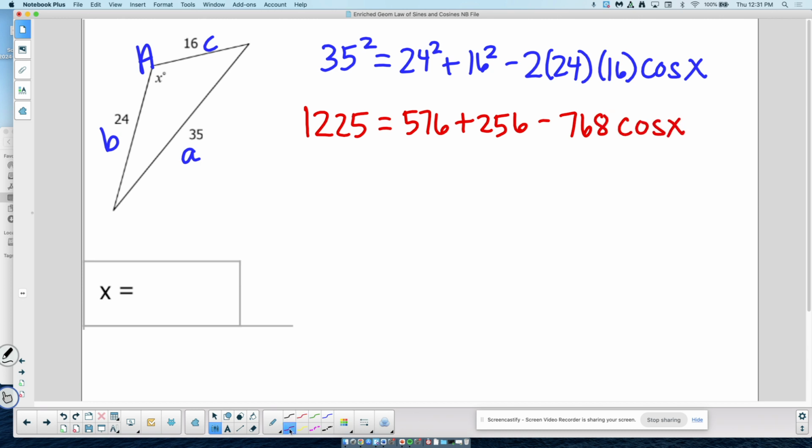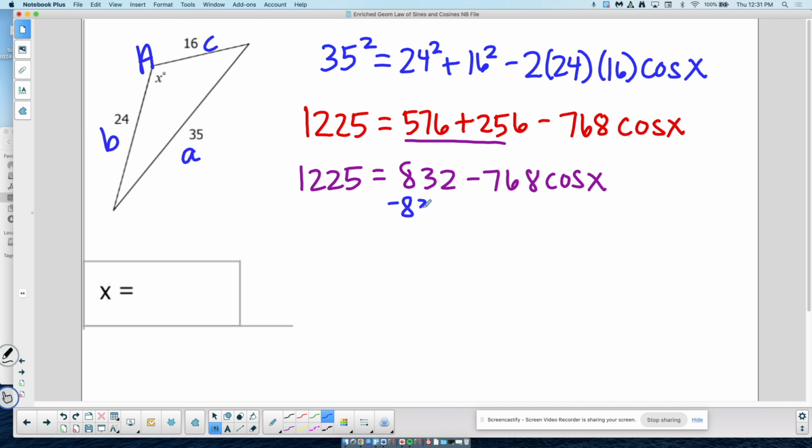Now we're simplifying, folks. 576 plus 256 is 832 minus 768 cosine of x. Again, we're trying to get our variable alone. We're isolating it, so we got to get rid of that 832. We're left with negative 393 on the left side, negative 768 cosine of x.